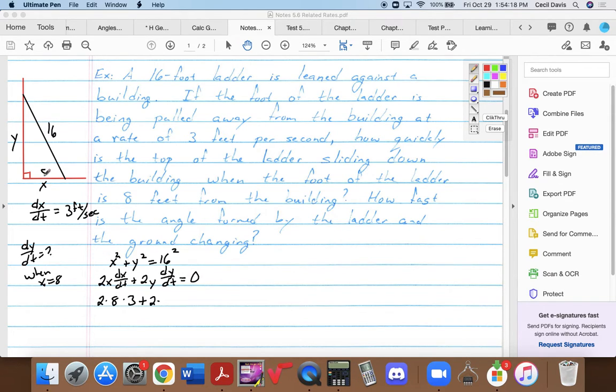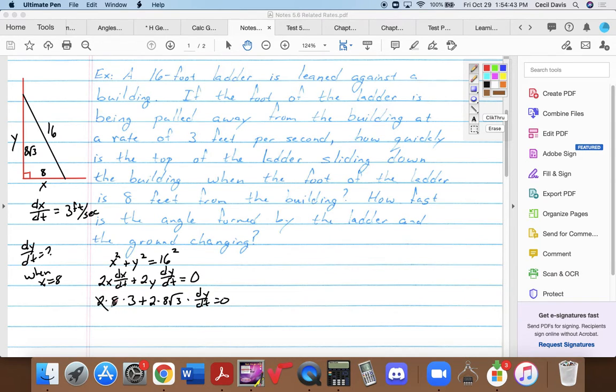For those of you who remember such things, if the short leg is half the hypotenuse, 30-60-90 triangle. The square root of 3 times 8. Yep, it's 8 times the square root of 3. Or you can do the Pythagorean theorem. Either is fine. Times dy/dt is 0.